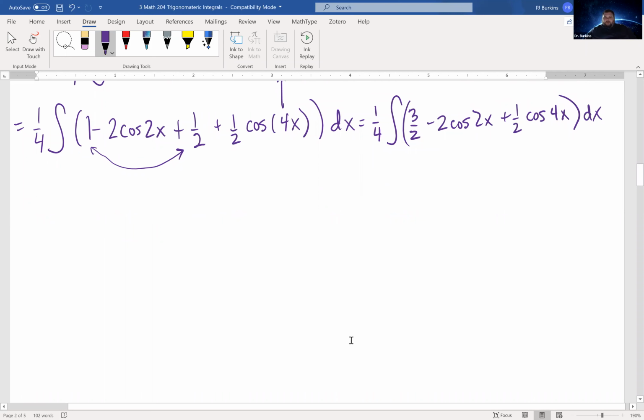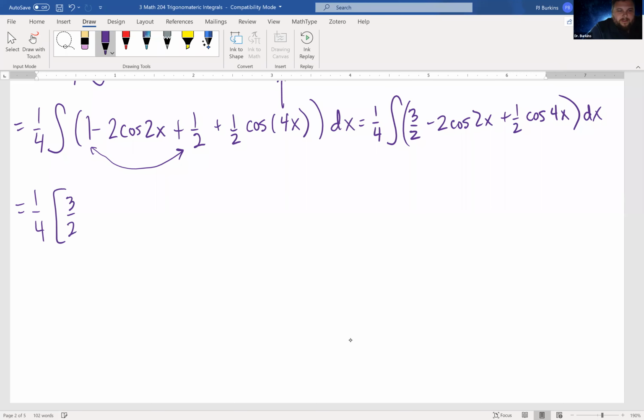So now I need to go ahead and follow through with all the integration. So the integral of 3/2 is just going to be 3/2 x. Then we have -2.